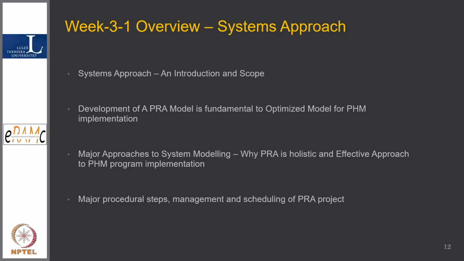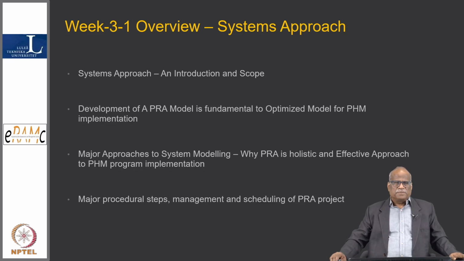So, in this lecture we saw the systems approach, introduction, then development of a PRA model, from fundamentals to an optimized model of a PHM. There are many approaches, which we will see in the next slide, but we have done a study of how PRA for a complex system can fulfill all the individual approaches' objectives.